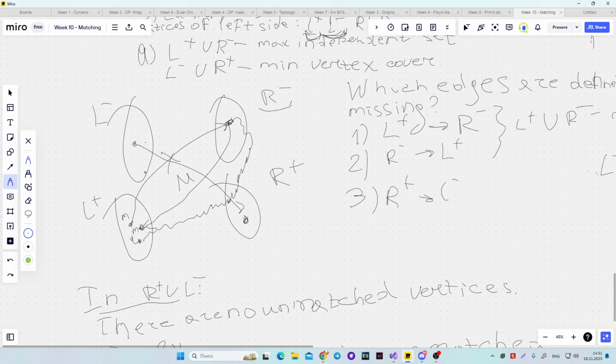Why is it true? Because we just considered it. L plus to R minus doesn't exist, and R minus to L plus doesn't exist. And we get that.